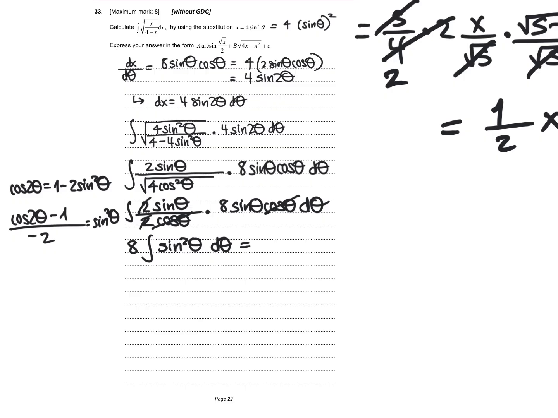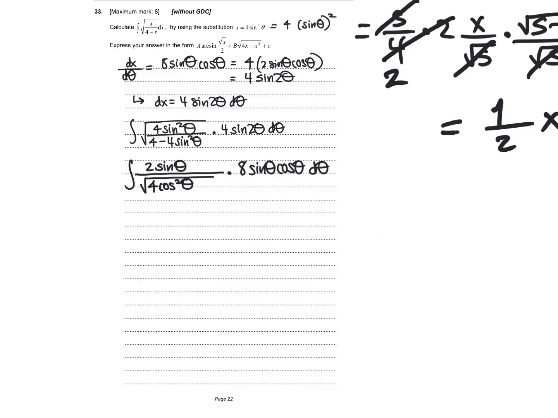So this is going to be 8 over negative 2, which is negative 4, then cosine 2 theta minus 1 d theta. And that's going to be sine 2 theta over 2.